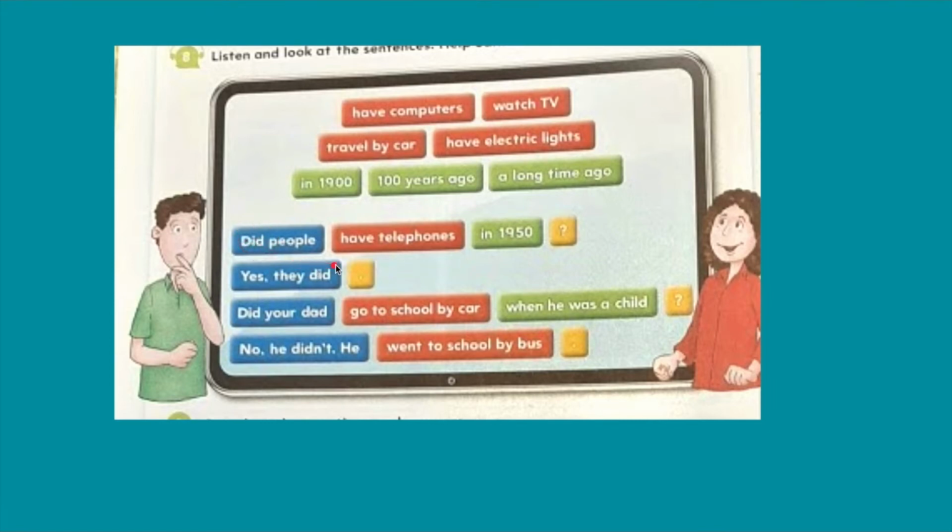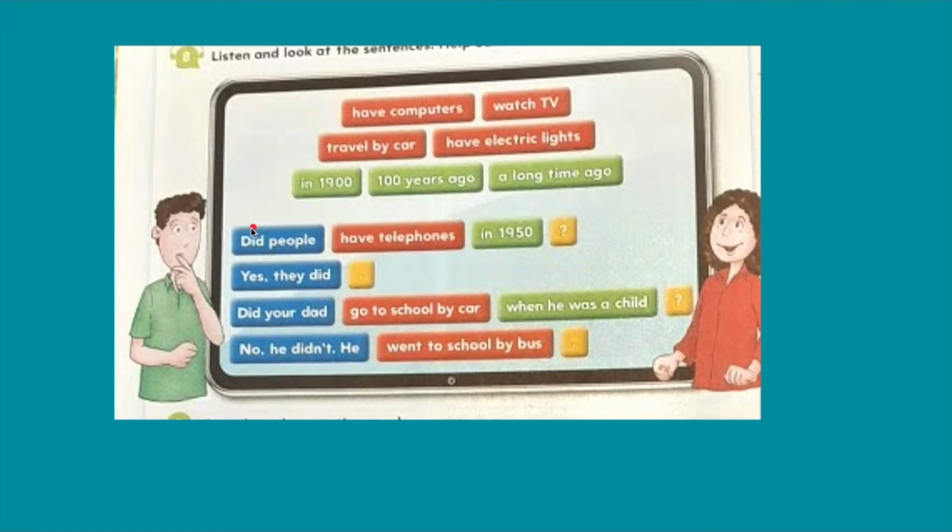Did in the question, did in the answer. It's in the past. Did your dad go to school by car when he was a child? No, he didn't. Negative. No, he didn't. He went to school by bus.